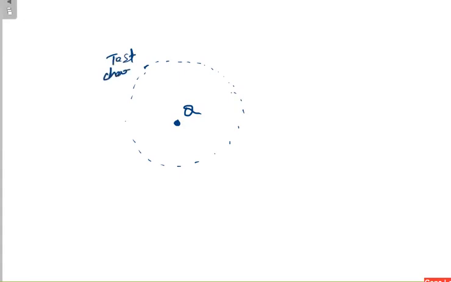The force realized by the test charge is called voltage. I measure the voltage here, I come here and measure the voltage here, and I measure the voltage here. See, 3 situations I have taken: 1, 2, 3. What will happen?